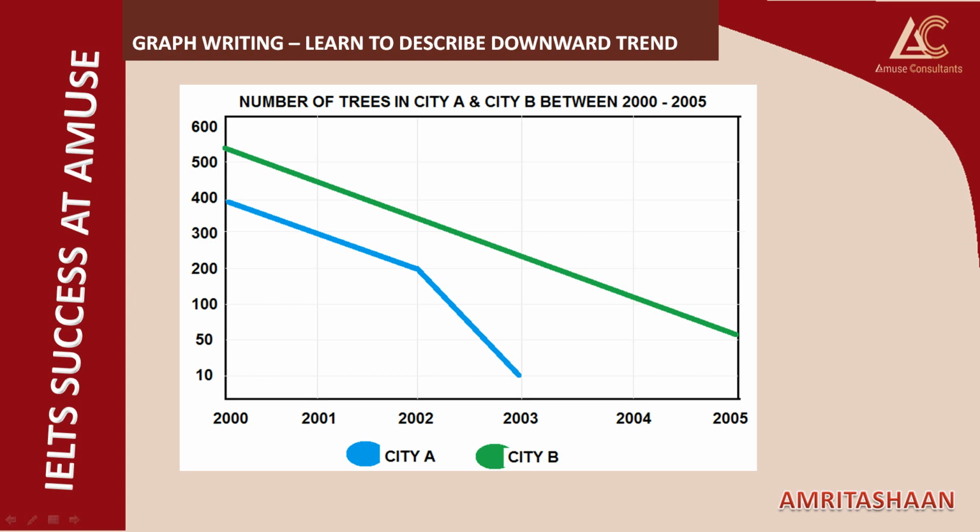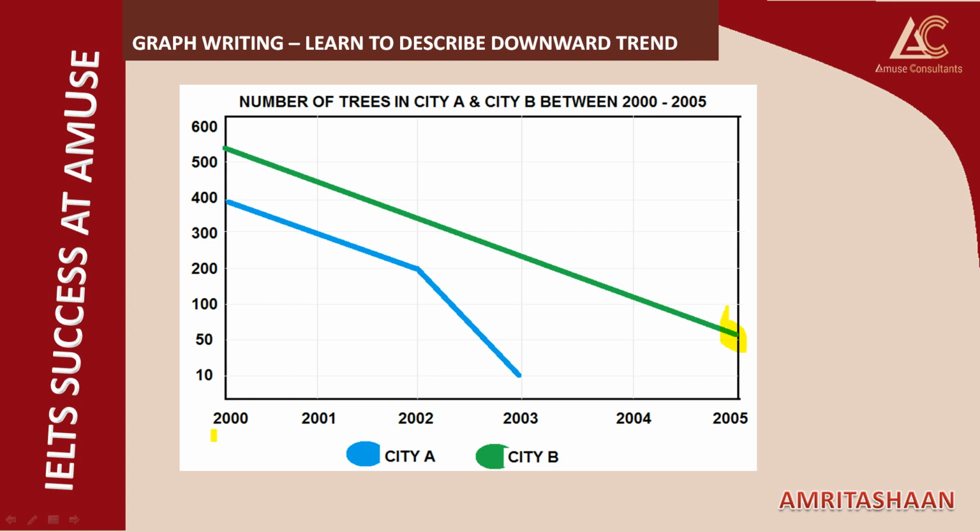So if you look at the trend, you will find that there is a constant fall in the number of trees in city B. Earlier there were more than 500 trees, but during the given time, this figure has reduced to less than 100.